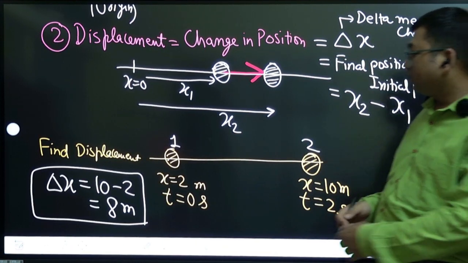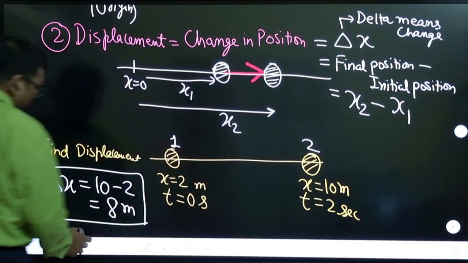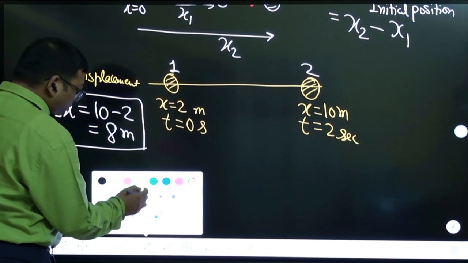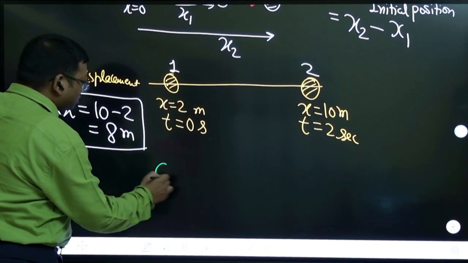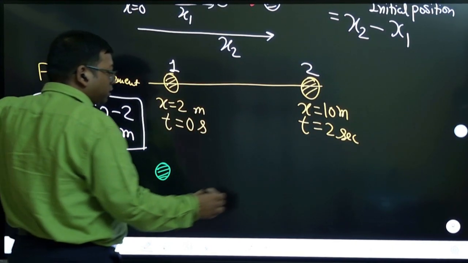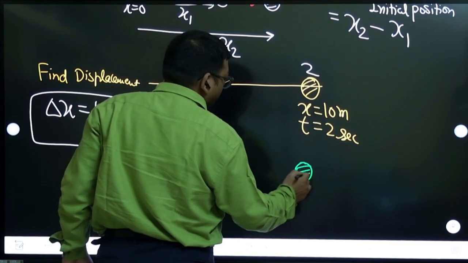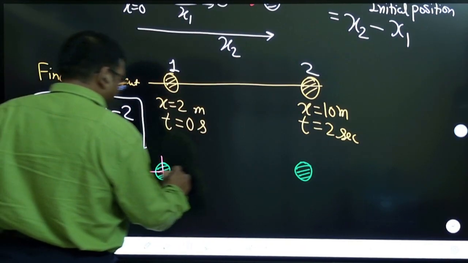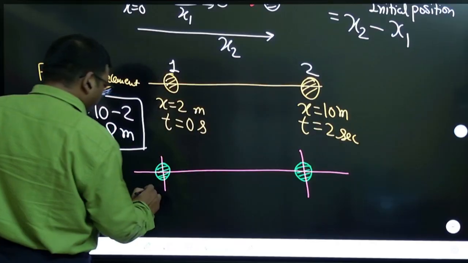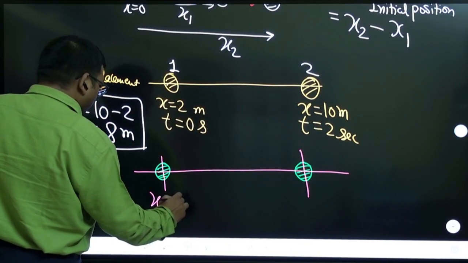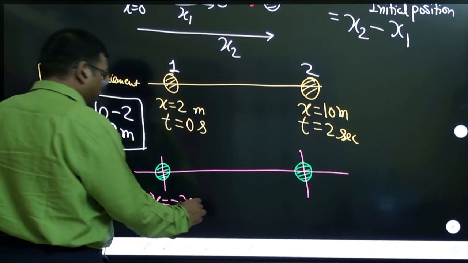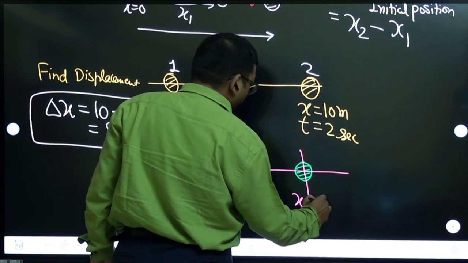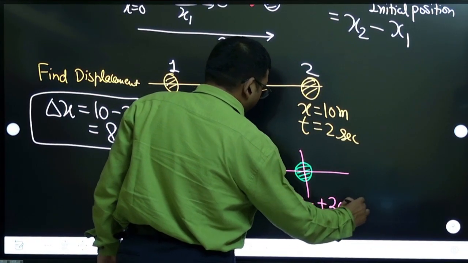One more question. Let us take one more question on this. Now you can give the answer. I'll give a question, you try this. Suppose there is a body and it moves from one position to another. Right now it is at a position of x equal to minus 20 meters, and this position is x equal to plus 20 meters.